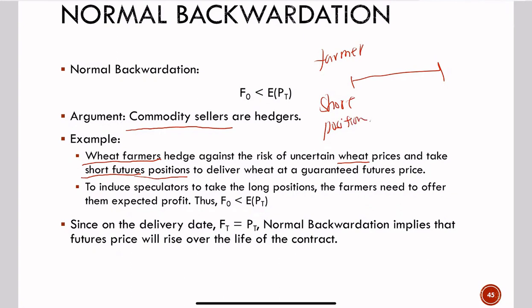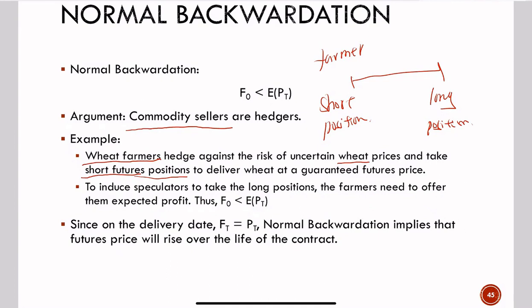However, we're talking about a futures contract here. For any contract, you need two parties. So these farmers have to find a counterparty who is happy to enter into the long position. These farmers want to find partners who are happy to take this long position.